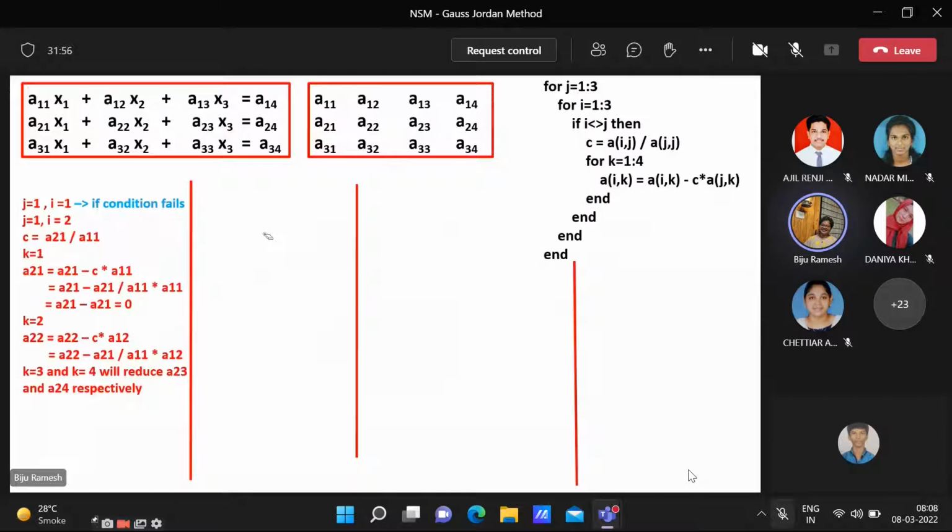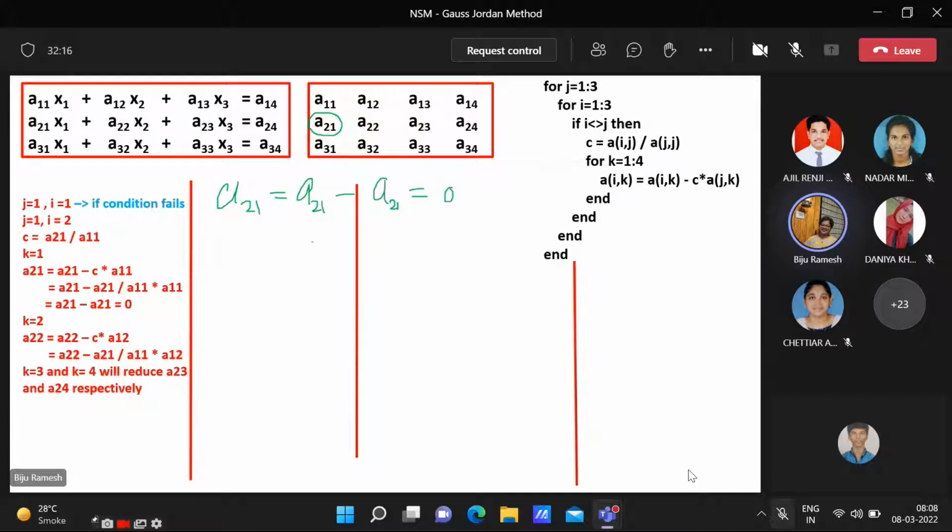I'm starting it off again. So our aim is to reduce A21 to 0. For that, I should get A21 equal to A21 minus A21. Only then is it going to be 0.